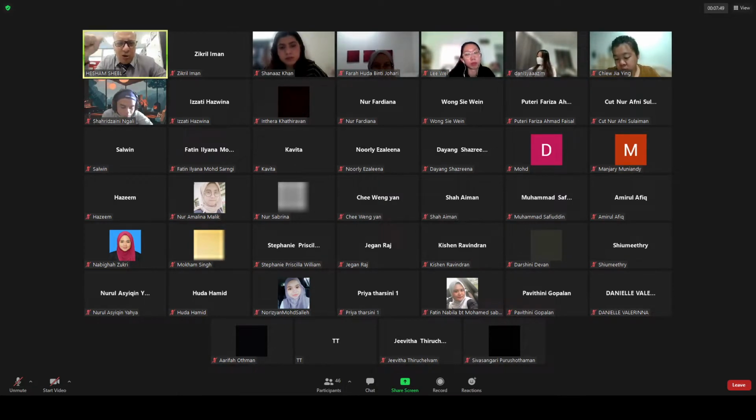Side effects locally: risk for cataract, risk for open angle glaucoma, risk for corneal ulcer. Systemic, of course, you studied in medicine: hypertension and diabetes and weight gain and all these systemic side effects.